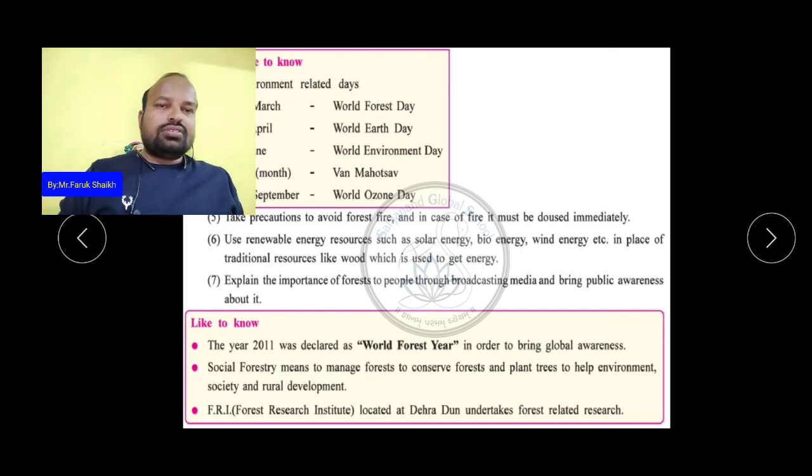Don't make a mess there. And if fire occurs in the forest, we should douse it immediately, यानी कि उसको जल्दी से जो बुझा देना चाहिए.